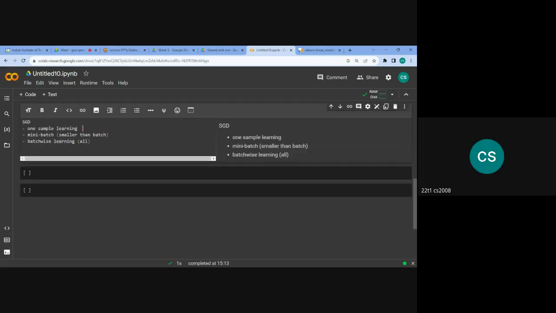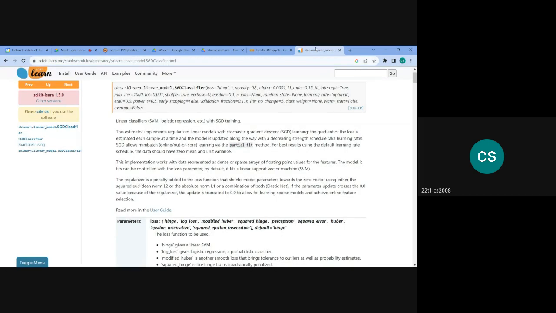In sklearn, this is the default. By default, if you want to do mini batch and so on, it's not that easy. I have seen it. This linear model handles each sample at a time, and the model is updated along the way with a decreasing strength schedule, aka learning rate.